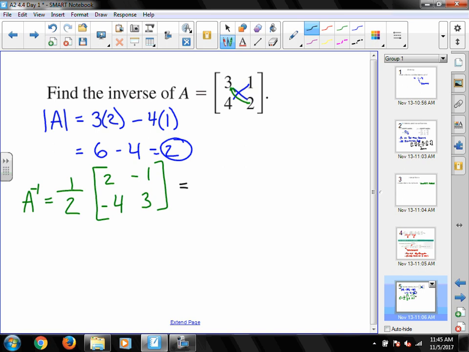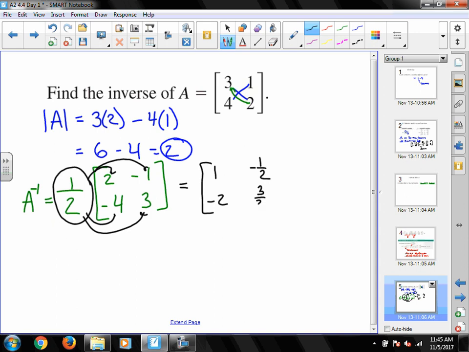Everything gets multiplied by this 1/2 here. It's going there, there, there, and there. You end up with your final matrix: 1, -2, -1/2, 3/2. And that's all there is to finding the inverse of a 2x2.